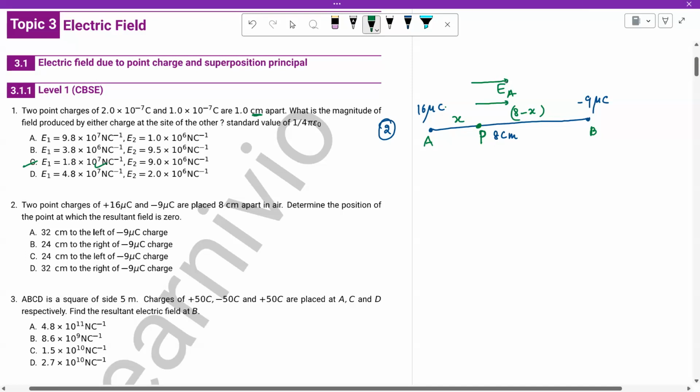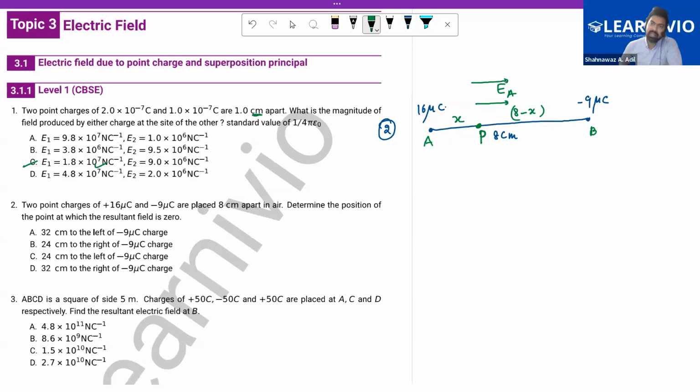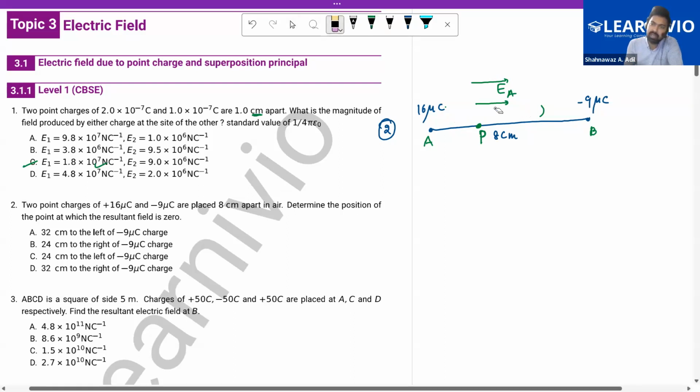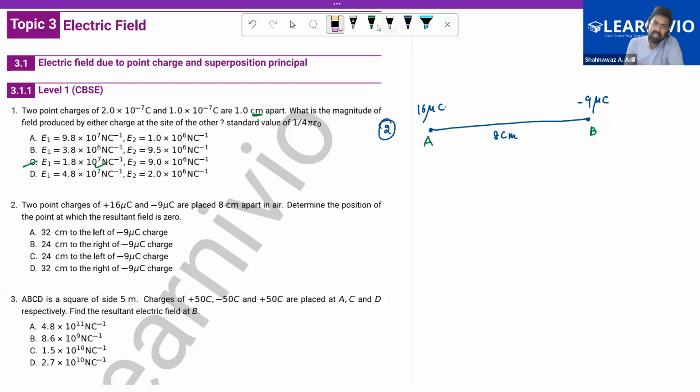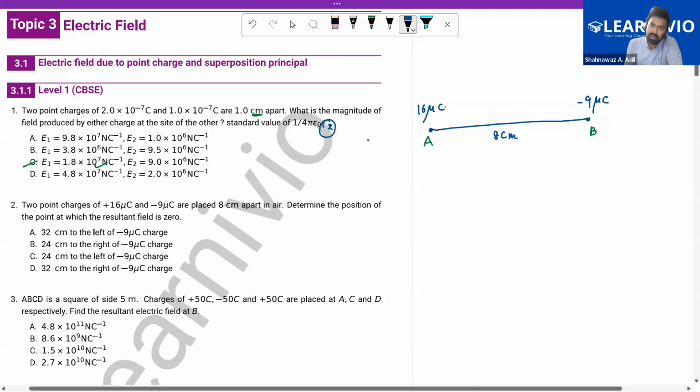Which means that we can't have a point in between these two points, A and B. So we discard this scenario, because we can't have a point in between where the electric field is zero. So we take the point at this side.